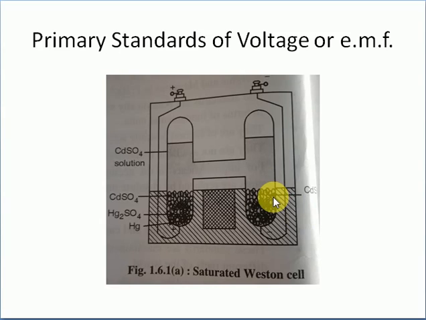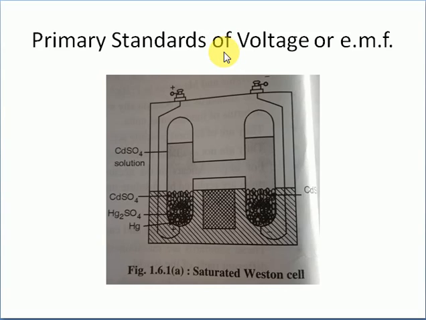The limbs of the H glass vessel are hermetically sealed and the external circuit connections are made by platinum wires. The voltage drop due to temperature variation of such a cell is about 40 microvolt per degree Celsius, which is fairly good for a primary standard of voltage.